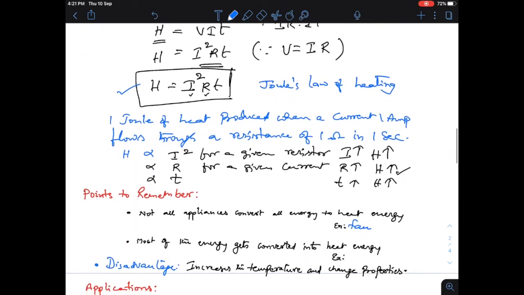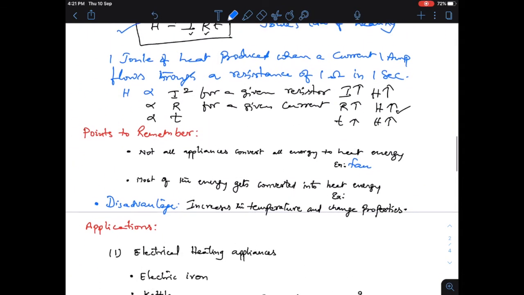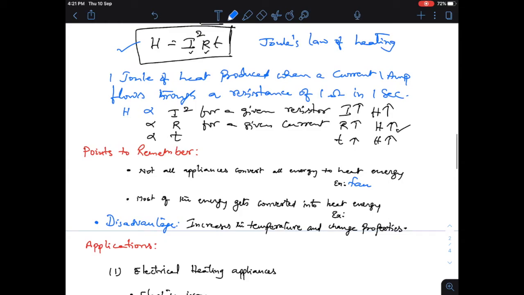So the one important point here is: not all appliances convert all energy to heat energy. An example is, as I mentioned, the fan. Now, most of the energy gets converted into heat energy in various appliances. What are those? Those are electrical heating appliances, where most of the energy is converted to heat energy.